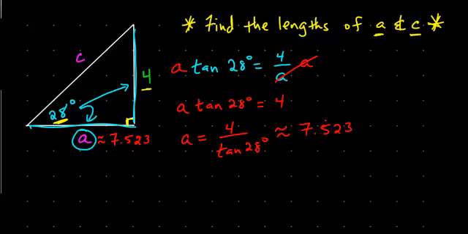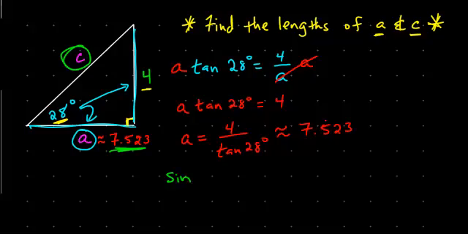Okay, so now I would find C. Let's switch to green. How would I find C? I probably wouldn't use this 7.523 because I rounded that. I would simply use the sine.